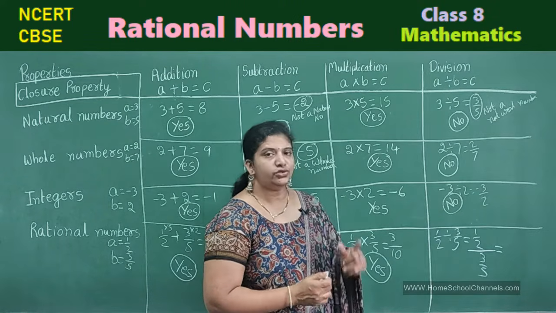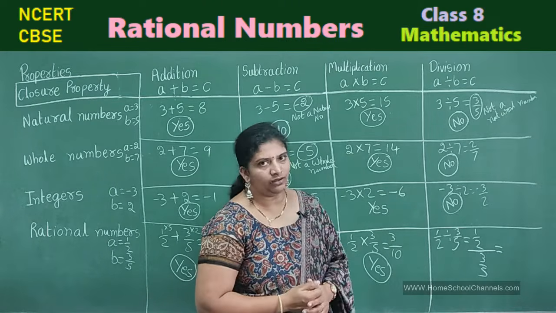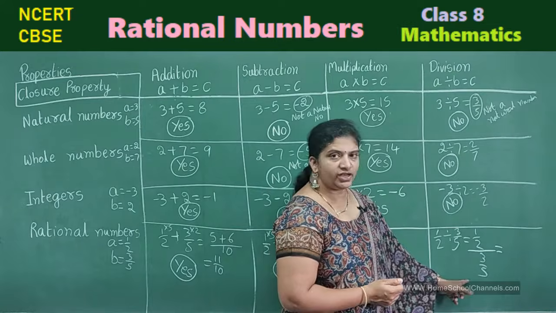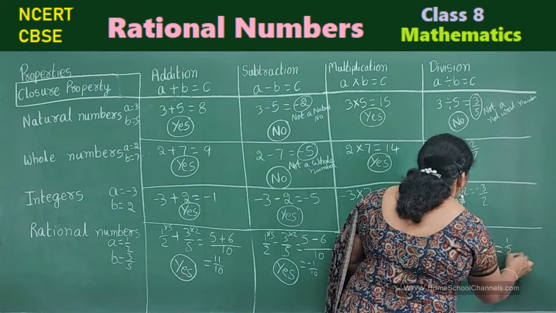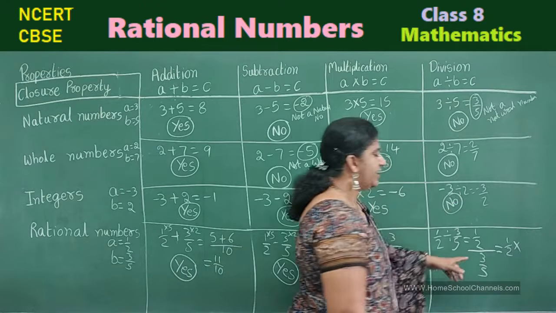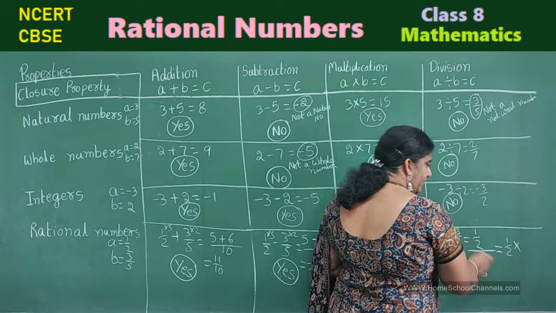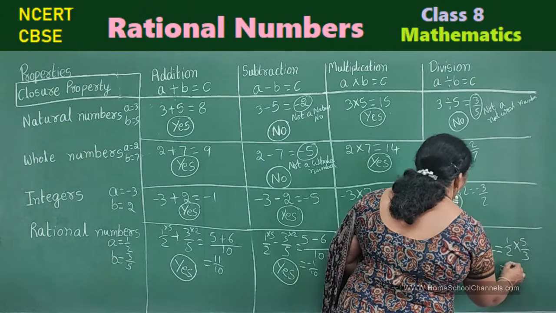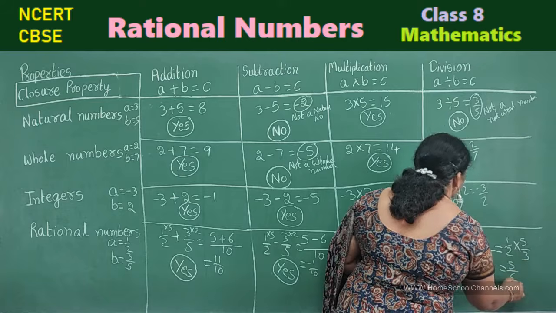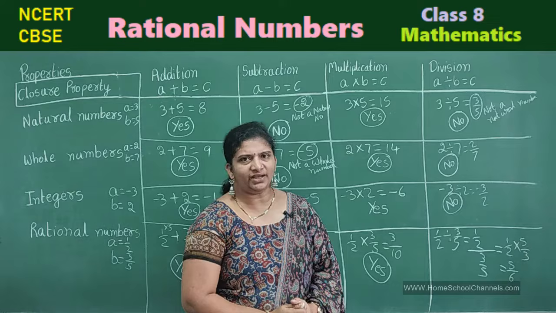Reciprocal of the denominator means 5 by 3. 1 by 2 into 5 by 3. 5 into 1, 5. 3 into 2, 6. Yes, 5 by 6 is a rational number, right?